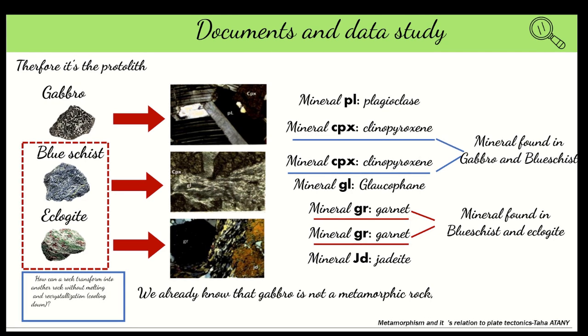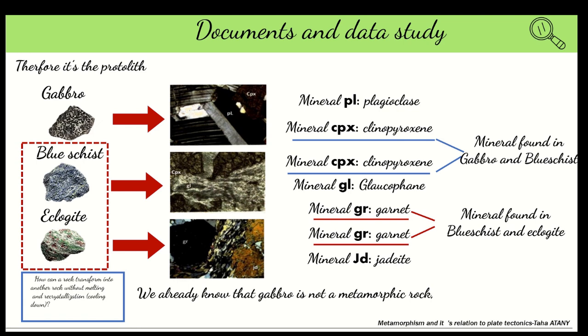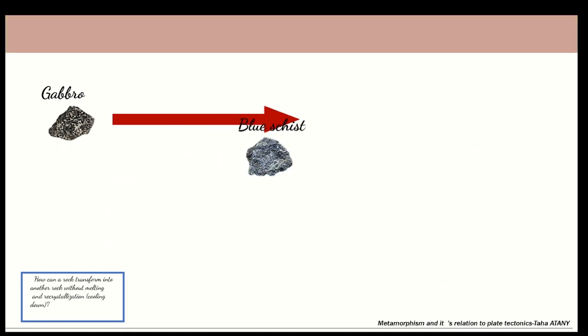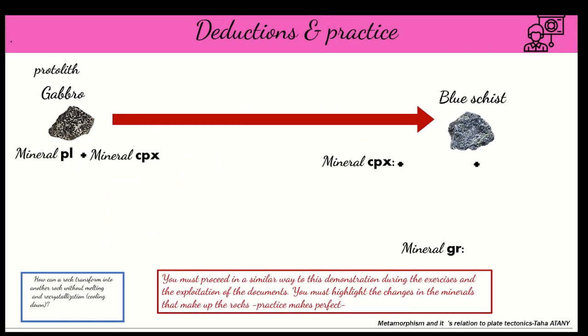Therefore, we know first that gabbro is not a metamorphic rock. However, it has a mineral in common with blue schist, and blue schist has a mineral in common with eclogite. Eclogite has no mineral in common whatsoever with gabbro. This means only one thing. Deduction.